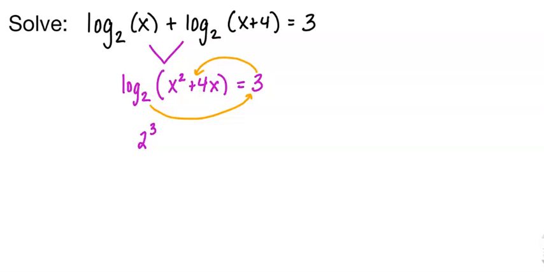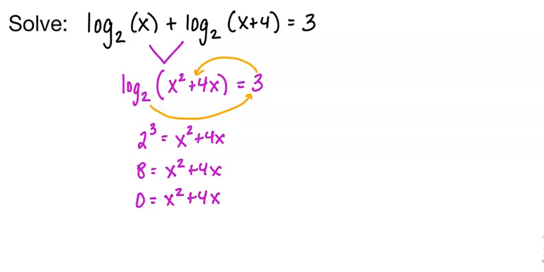So 2 to the power of 3 is equal to x squared plus 4x. 2 cubed, 2 times 2 times 2, we have 8 is equal to x squared plus 4x. So subtracting, we have 0 equals x squared plus 4x minus 8.